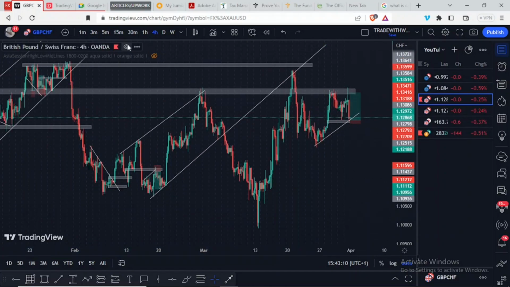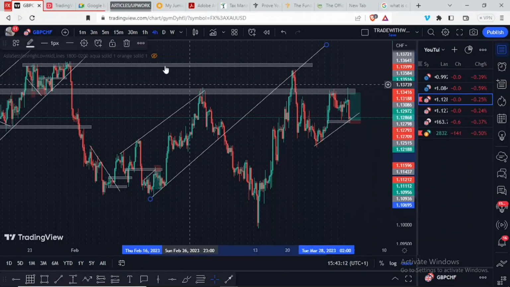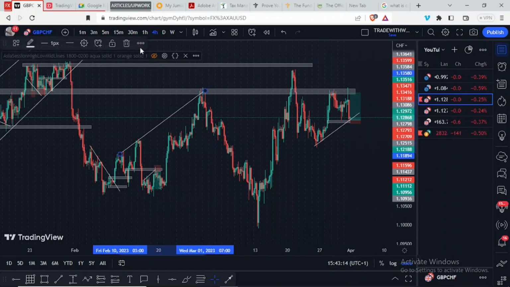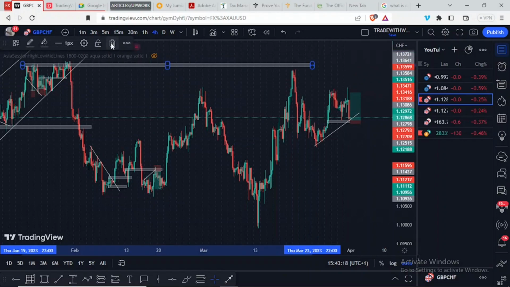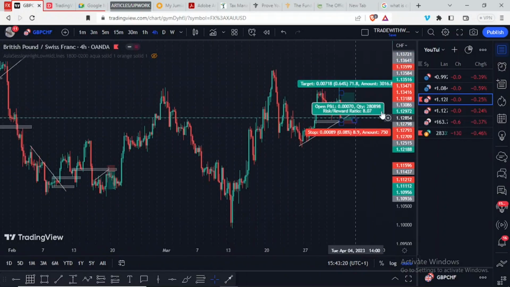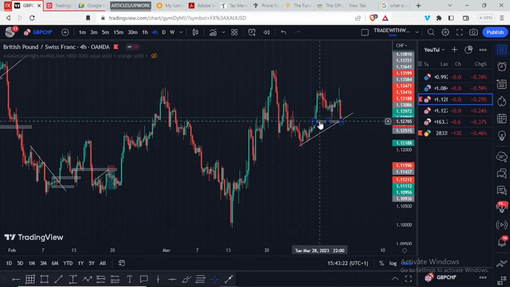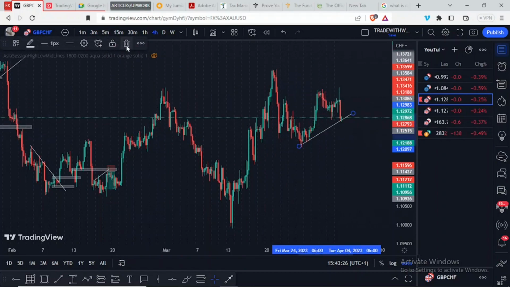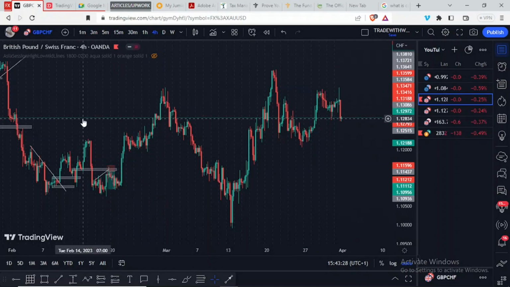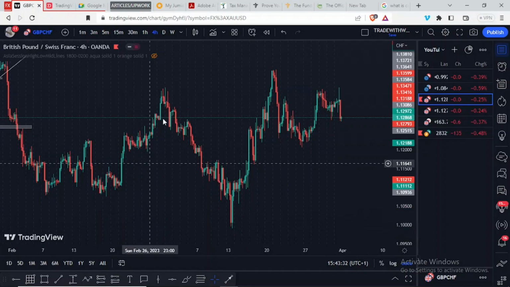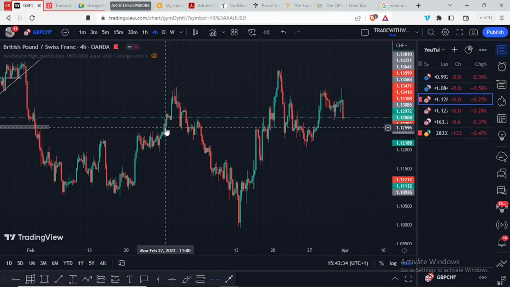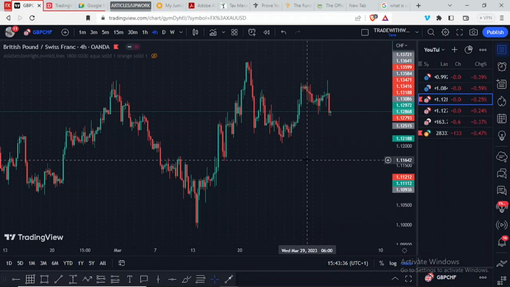Let me delete some old tools I have here, and now let's just analyze the 4-hour time frame from here. Let me delete this and this. Okay, let me start from here. Yeah, this is a clear picture of what we should be expecting next week.